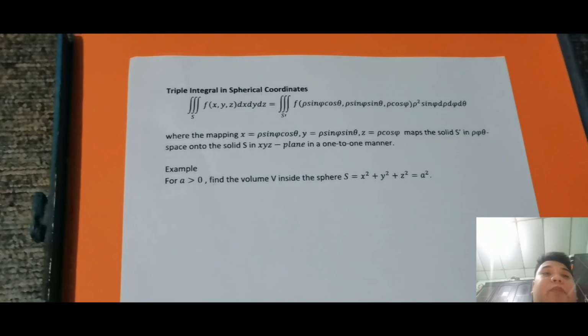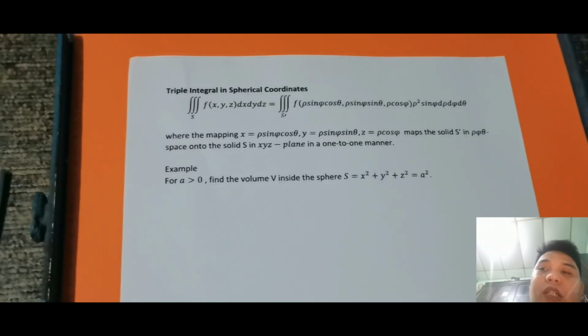So, ito yung ating sphere. Obviously, sphere siya, ang center niya ay nasa origin, nasa zero vector, tapos ang kanyang radius is just a.